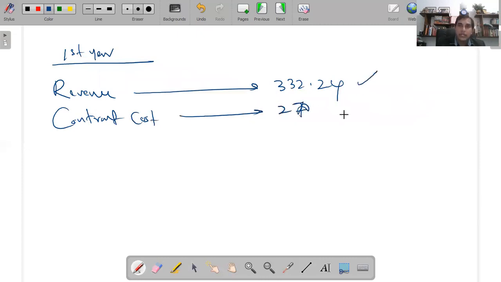So please write down this answer. First year revenue 332.24, contract cost 270. Even though they incurred 300, that 30 should be charged into P&L as other expense, but this 270 is the contract cost.